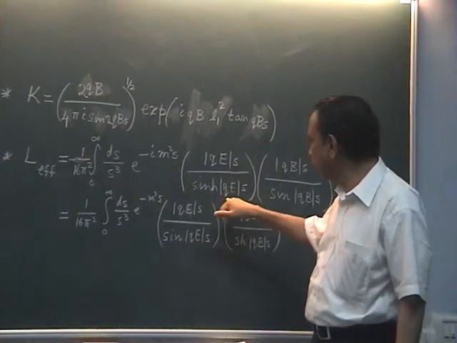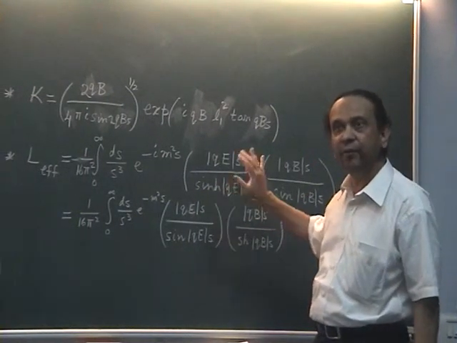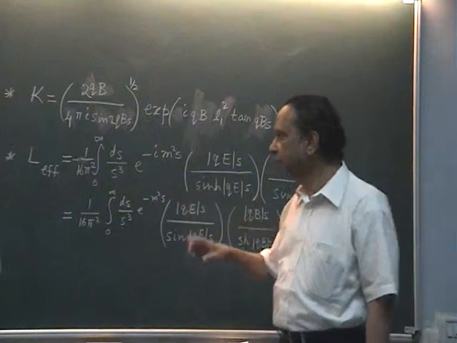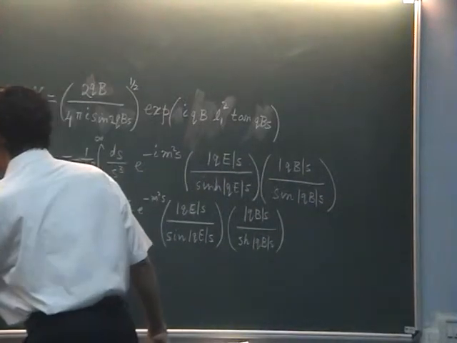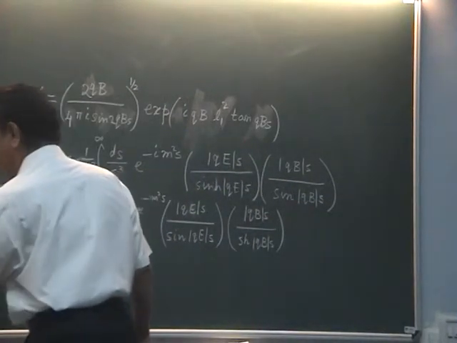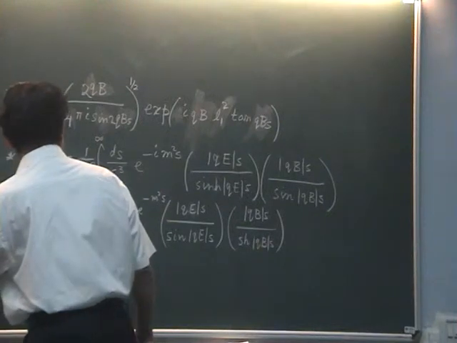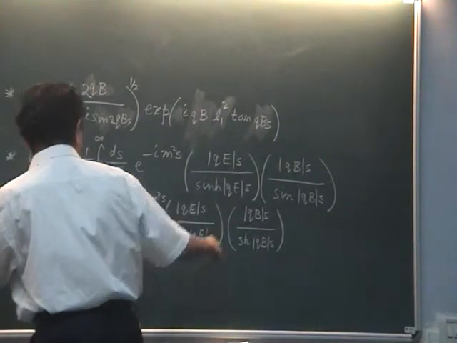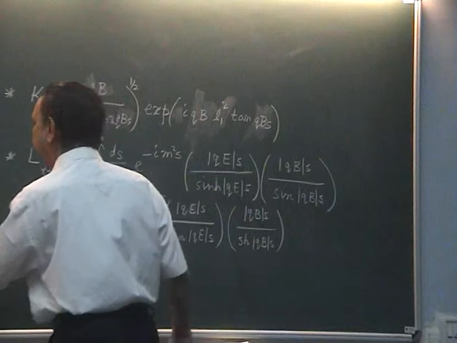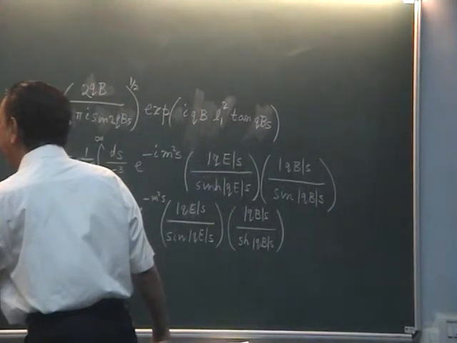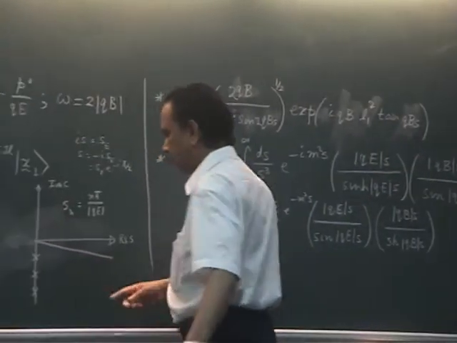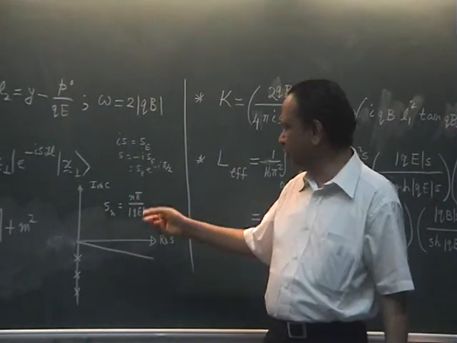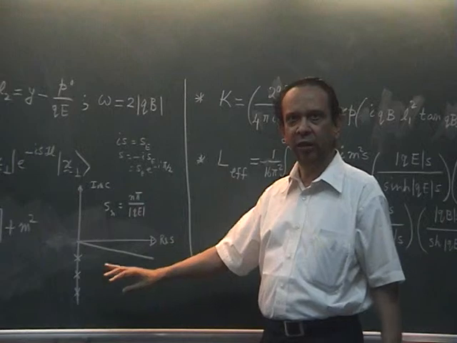So they are all going to blow up when QE s is equal to n pi. Okay? So these poles are at locations Sn on the imaginary axis, where Sn times QE is n pi. So they are at n pi upon modulus of QE. Of course, with the minus sign and i factor and all that, but you know what I mean.